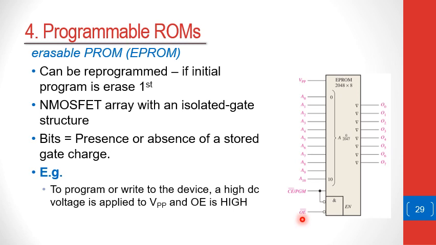To program the device, a high is placed on the input VPP as well as the input OE, and in this way the EPROM will be able to be programmed with new data.